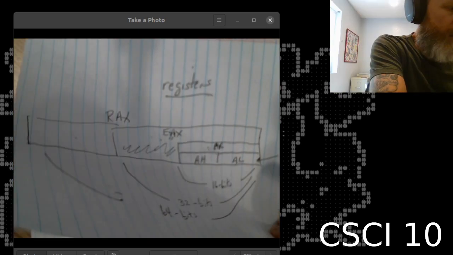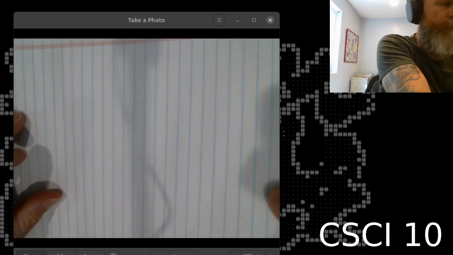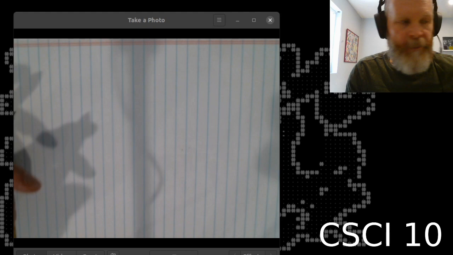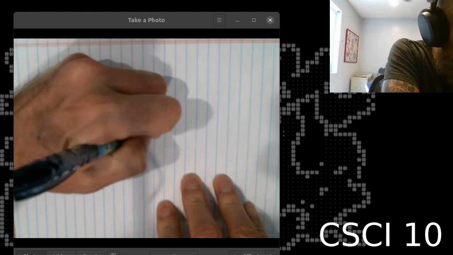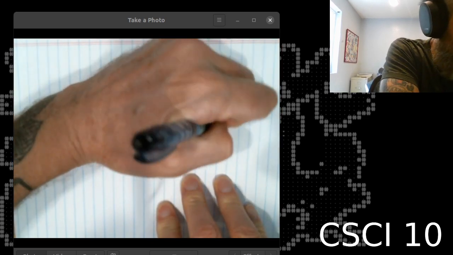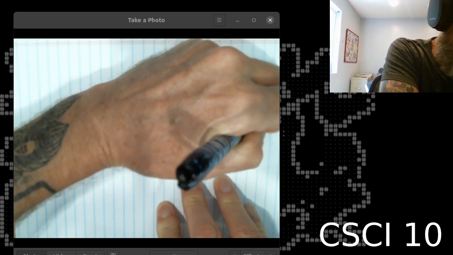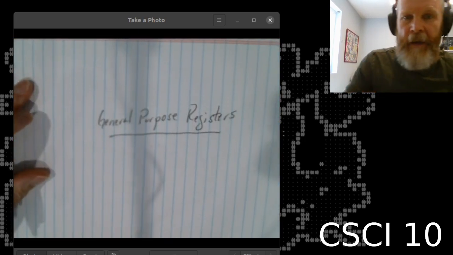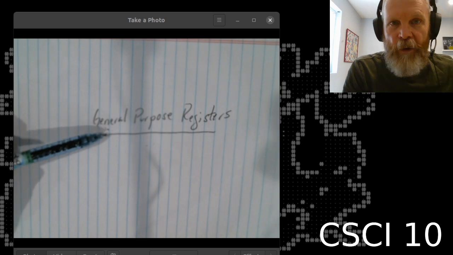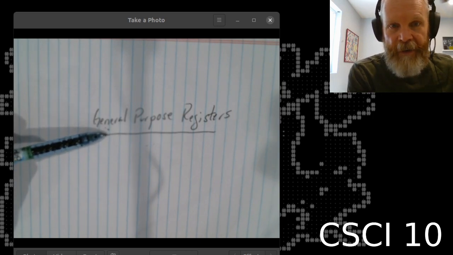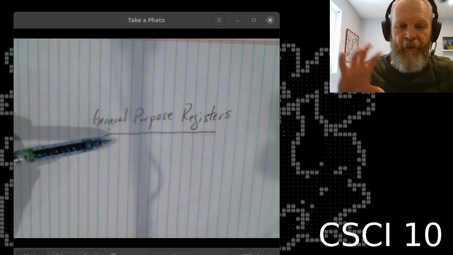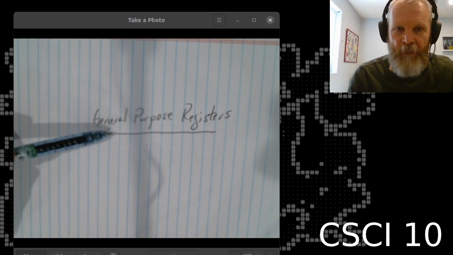Okay, one other concept before we go into the programming. It's not really a concept, I'll stick with calling it a concept. The idea of a general purpose register. So there are a lot of registers on our x86 processor. Some of them have predetermined purposes, and you're not supposed to program with them.